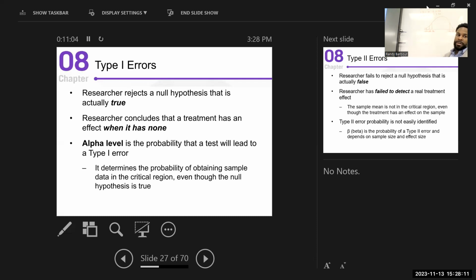So again, the alpha level determines your probability of obtaining a sample in this critical region, even though the null hypothesis is actually true. That is a type 1 error. I'll show you the next one, type 2. Any questions about type 1 error?